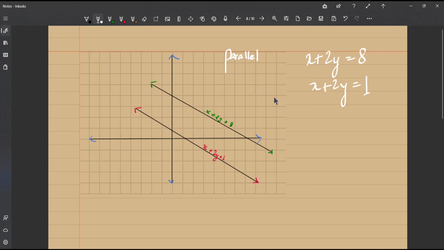Or another way of putting it would be the lines were parallel, so they did not intersect anywhere, and that common point we were unable to find. So no solutions existed.